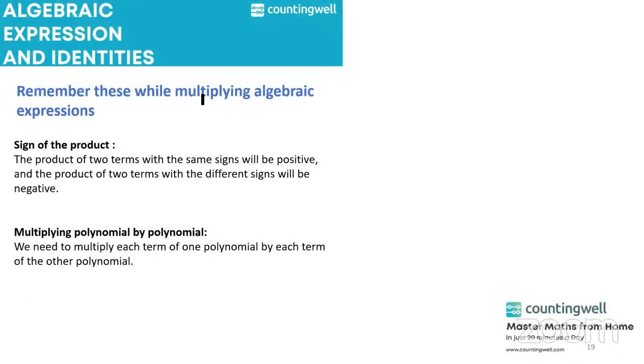Also, when you're multiplying algebraic expressions, note that if the product of two terms has the same sign, then the product will be positive. Two terms having the same sign, the product will be positive. Two terms having different signs, the product will be negative.